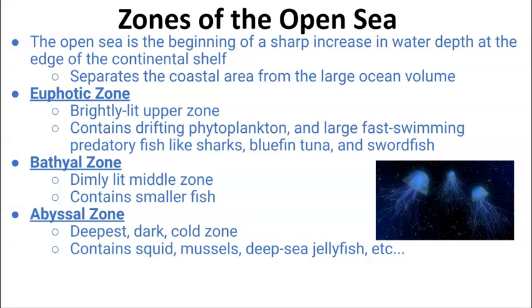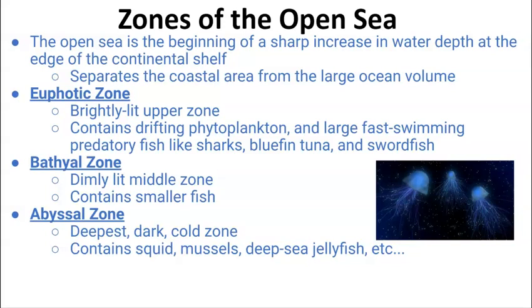In this zone is where sunlight is able to penetrate through, and it's going to contain phytoplankton and large, fast-swimming predatory fish like sharks, bluefin tuna, and swordfish. Remember that phytoplankton are producers, and they make tons of oxygen for us.